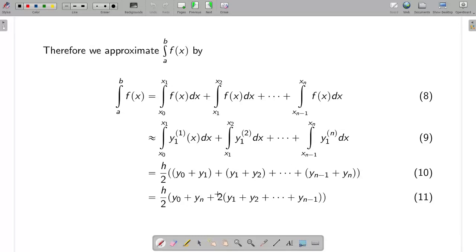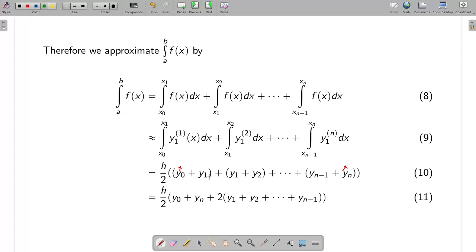Now when you add all of this, what happens? The numbers on the left end and the right end are added only once. These two, y0 and yn, are added just once. So we put them here, that is y0 plus yn, plus every other point.